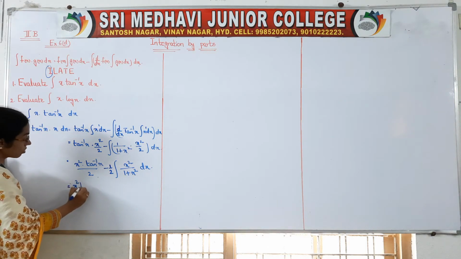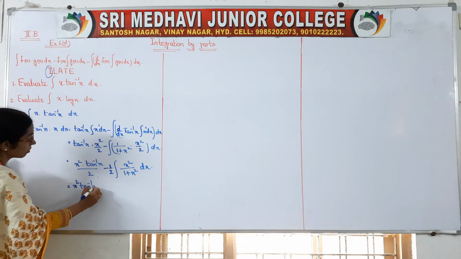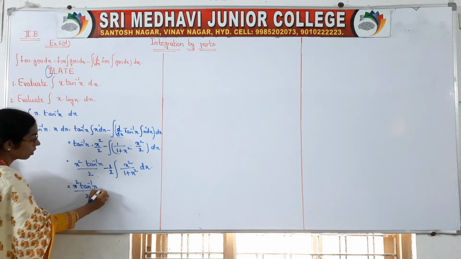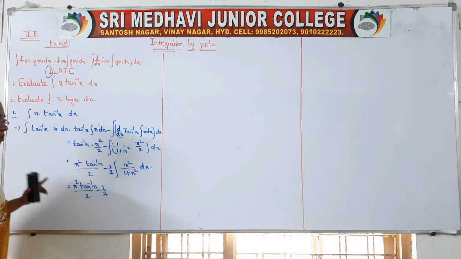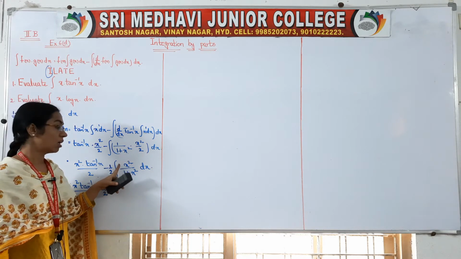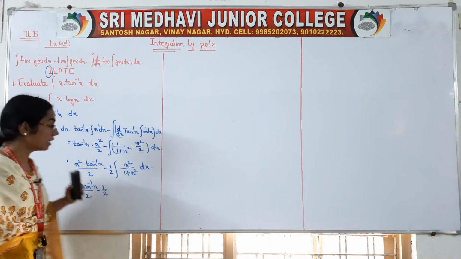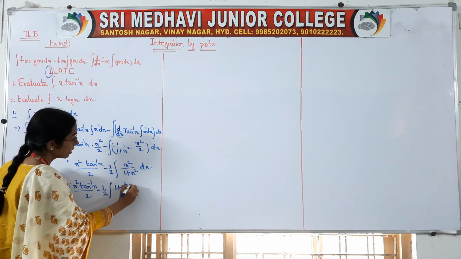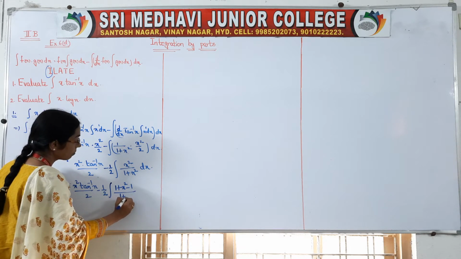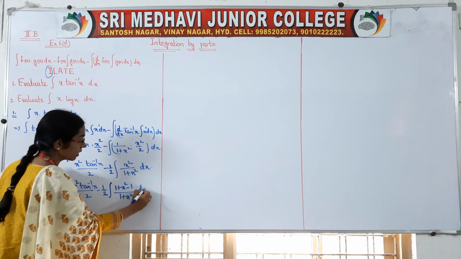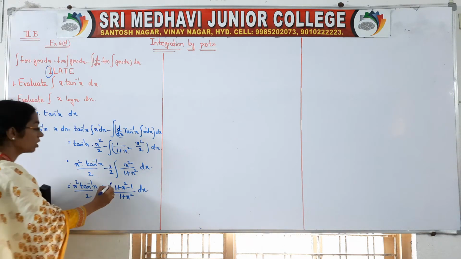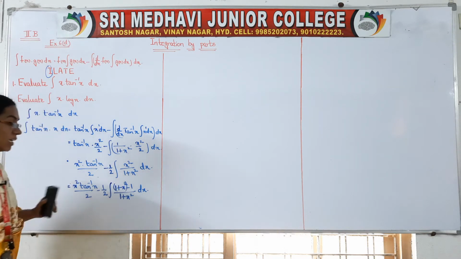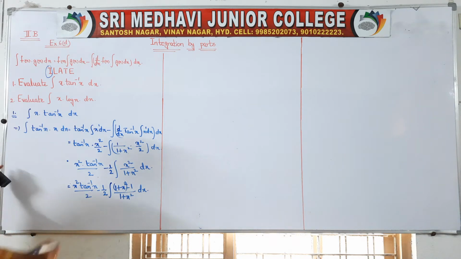It is x square into tan inverse x by 2 minus 1 by 2. So in the numerator, 1 should be added and deducted, right? So 1 is added and deducted in 1 plus x square dx. Next, you take this as one term and that as the second term.